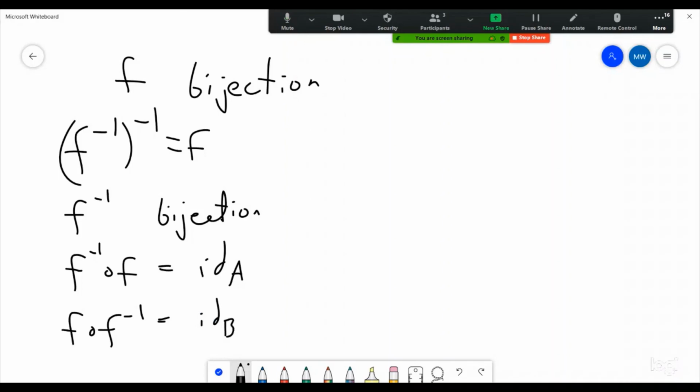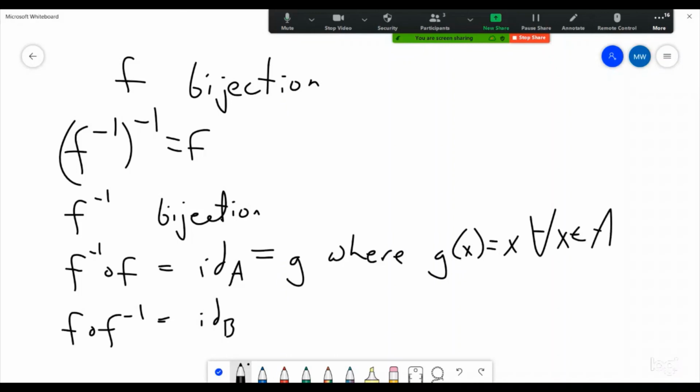What does identity mean? So this is the function g where g of x equals x for all x in A. So it's the identity function on A. So it's the function that sends everything in A to itself. Oh, got it.